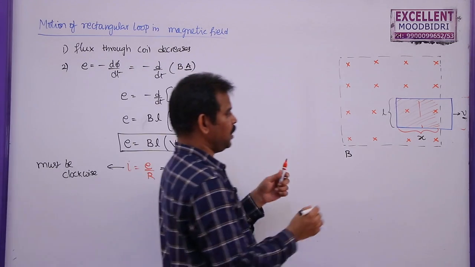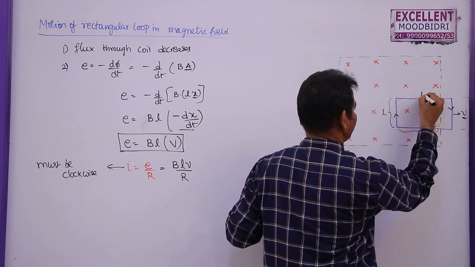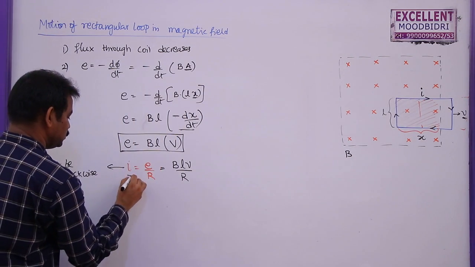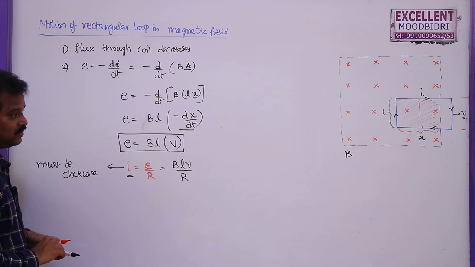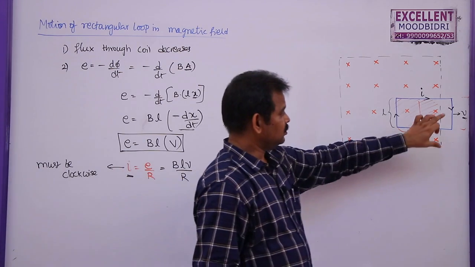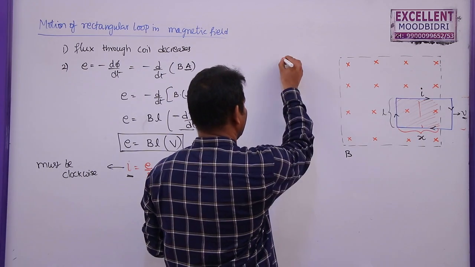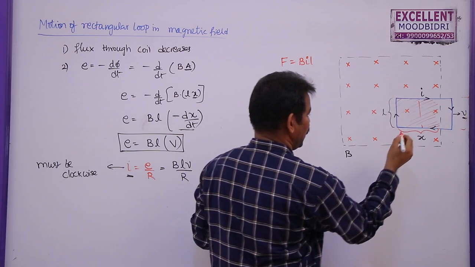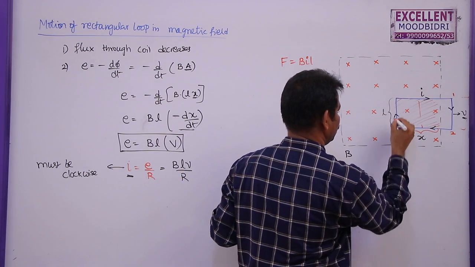As the current passes through in the clockwise direction, this is the direction of flow of current. Now I am going to write the forces experienced by the four sides of the loop. Remember students, the side which is out of the magnetic field will not experience any magnetic force, because the magnetic force experienced is given by B I L. Let me take the four corners as 1, 2, 3, 4.